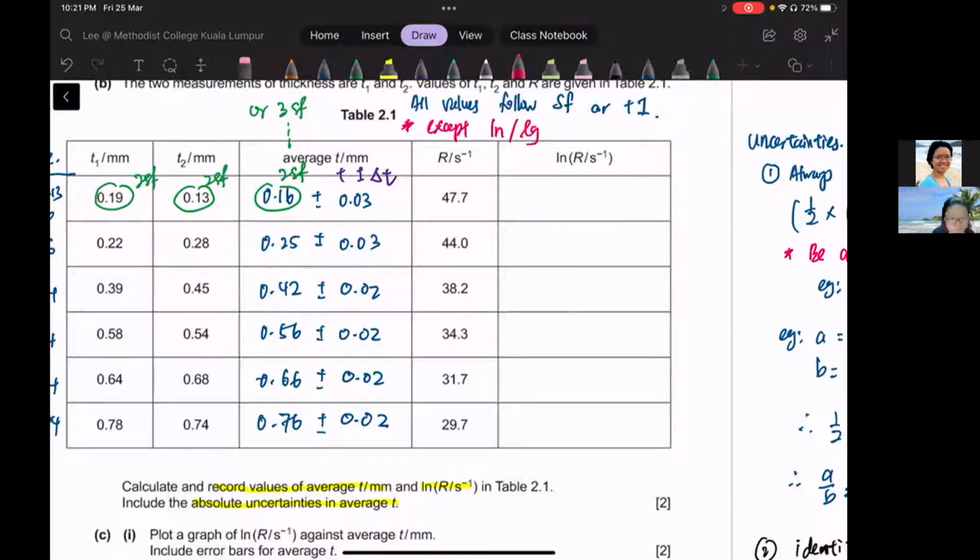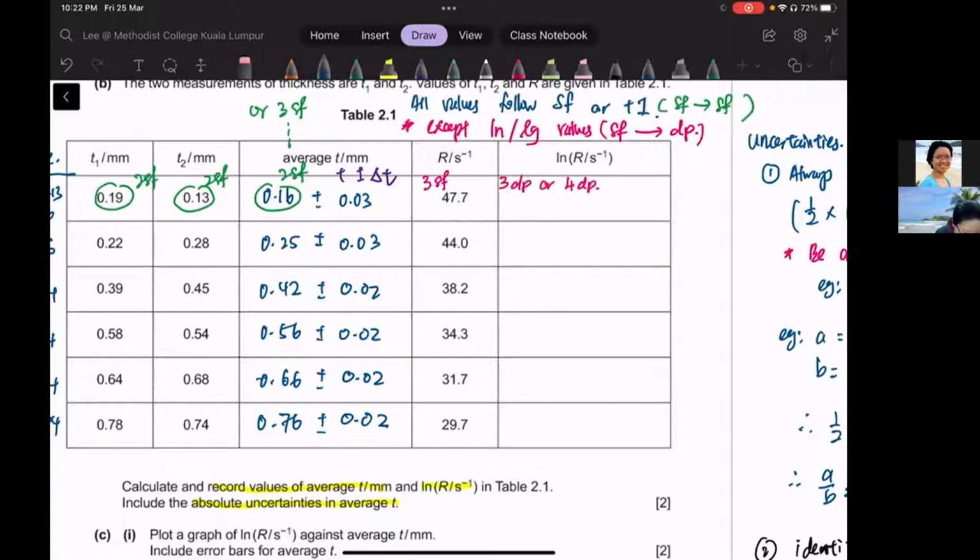But the exception here is ln or log. The values will go from SF to DP, whereas for the previous one, it is SF follow SF. The other one is value SF follow DP. If you want to know why, it's because the number in front, for example this one is 3SF, so by the time I reach here, it should be 3DP or 4DP.